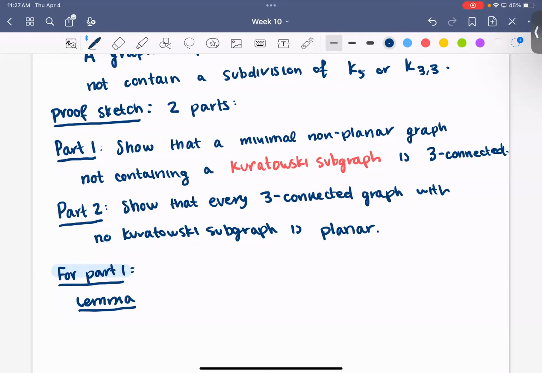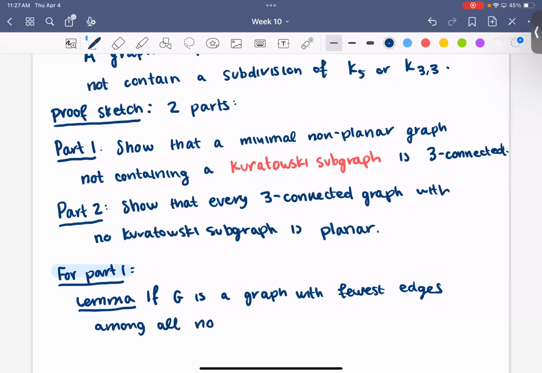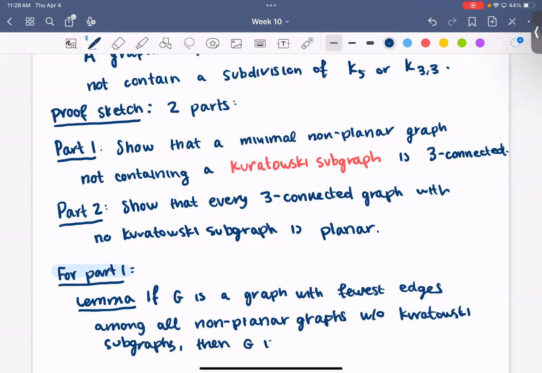So the lemma says: if G is a graph with the fewest edges among all non-planar graphs without Kuratowski subgraphs, then G is 3-connected.